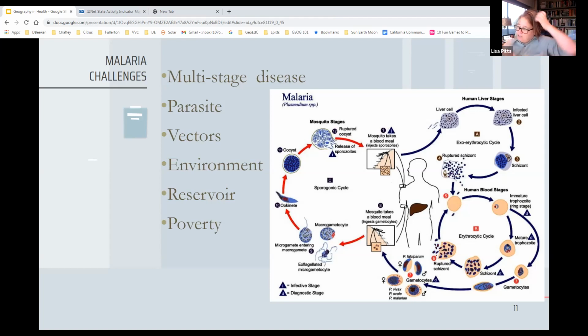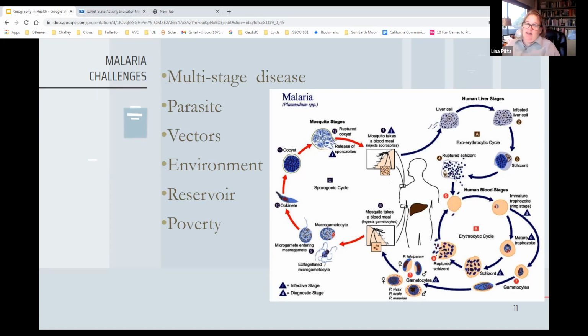There's all these different stages to it. It's not like, hey, I've got the flu, I'm going to stay in bed. Once you get malaria, it never goes away. You have it in your body forever. So then you just take drugs all the time, so you're not going to transmit it anymore, but it's still there.